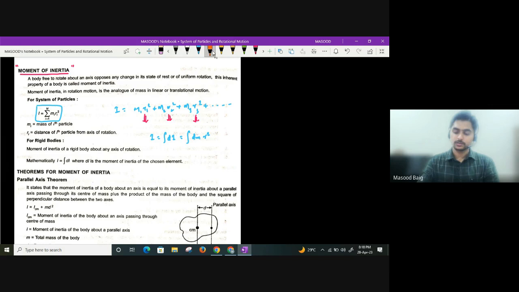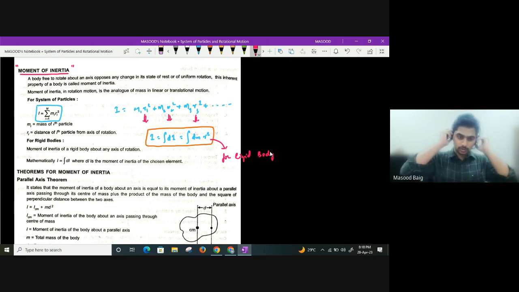This is for which system again? This is for your rigid body. For a rigid body, you will take a small element, find the moment of inertia for that particular element, and then perform the integration. Clear, everyone?